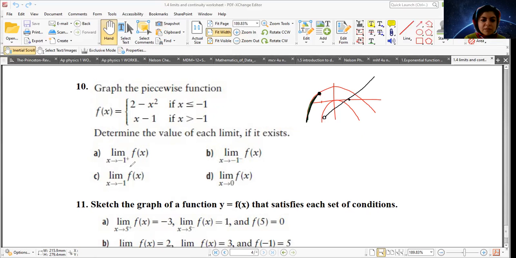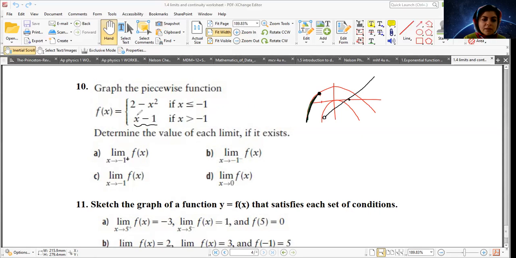Determine the value of each limit. The x goes to -1 from the positive side. See, this is -1. Positive means the higher value of -1. So this is for x greater than -1, means this part belongs to -1 to the power of plus here, right?